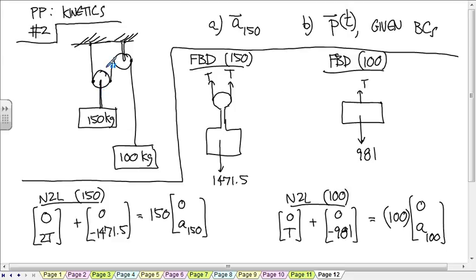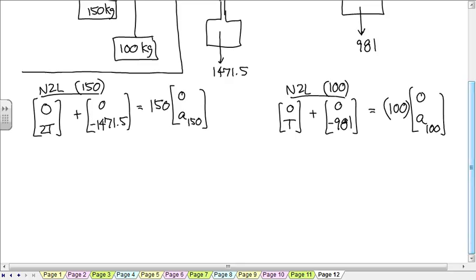Okay. So what you get is your last equation: negative A100 is equal to 2A150. So if A150 accelerates upwards half an inch, A100 is downward 1 inch.